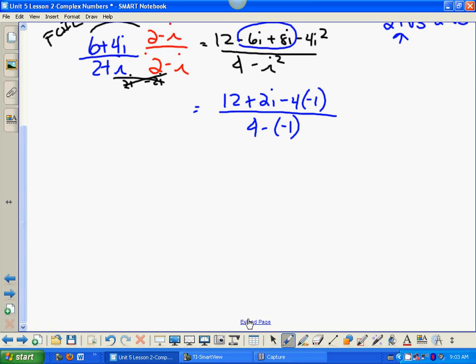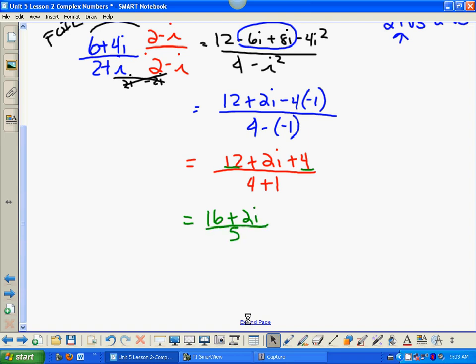So then in the numerator, I have 12 plus 2i plus 4 over 4 plus 1. So I can combine the real number parts to get 16 plus 2i over 5. And just like we did earlier, this is simplified. This is full credit. Or I can do 16/5 plus 2/5 i.